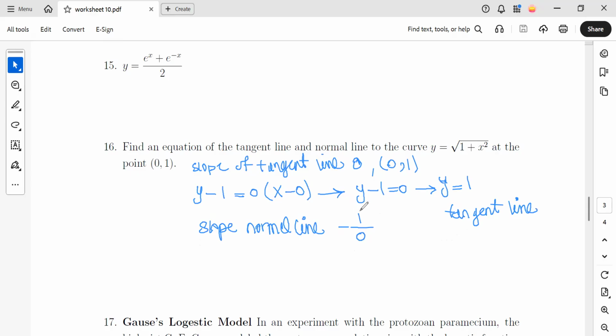We know that this way of writing is not correct, but we know that 1 over 0 is infinity. So in this case, the slope of the normal line is infinity. And for those lines where the slope is infinity, this will be a vertical line depending on the x. So in this case, x equals 0 is the normal line.